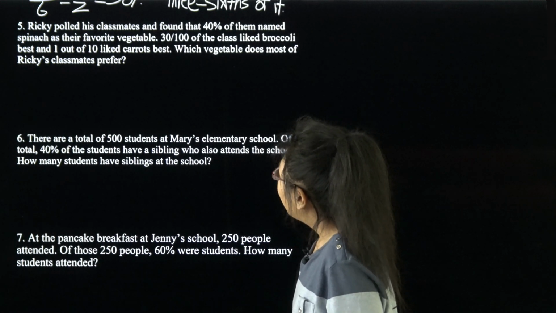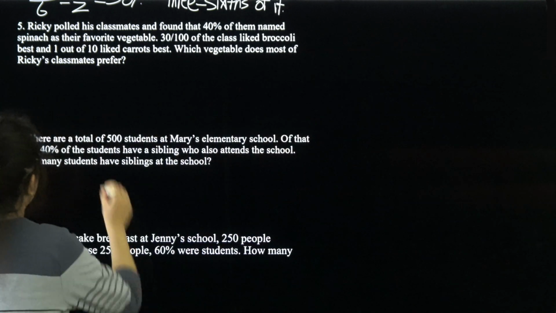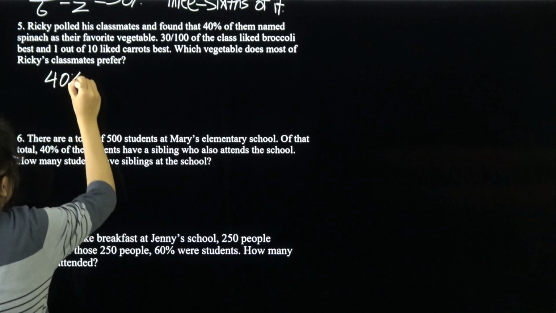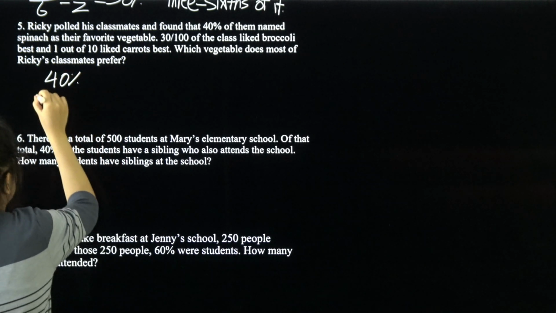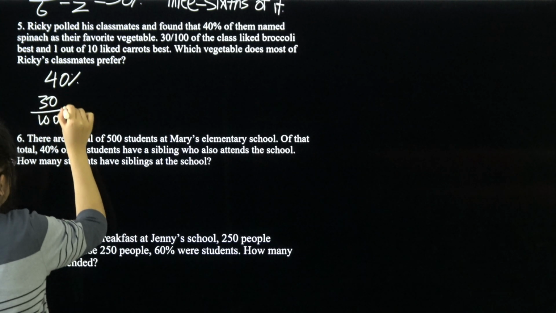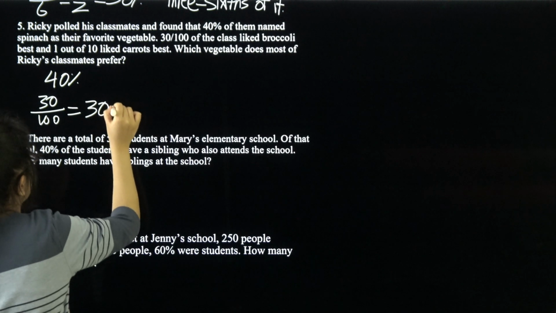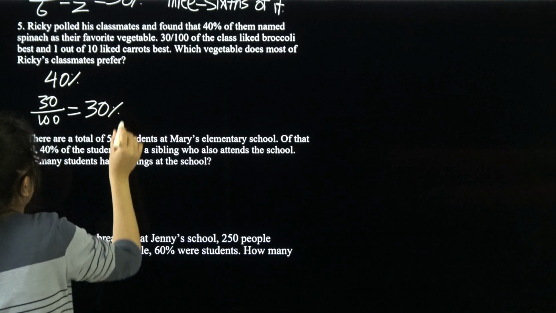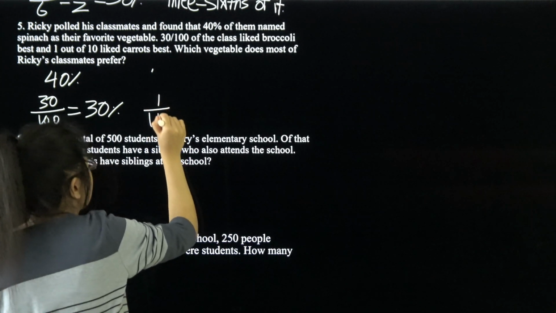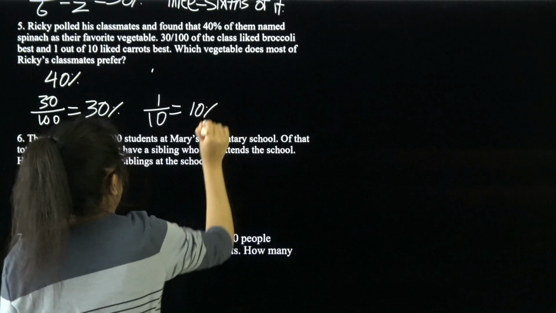Okay, this is very strange, because we know that 40% is equal to 40%, and 30 out of 100 is a fancy way of saying 30%, and 1 out of 10 is 1 over 10, which is equal to 10%.